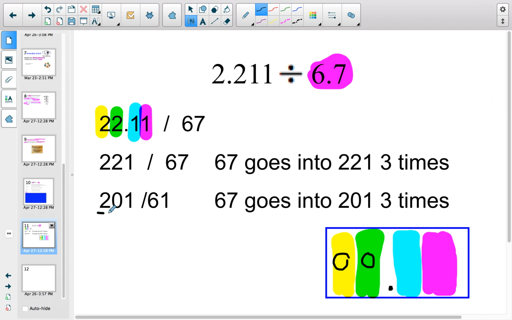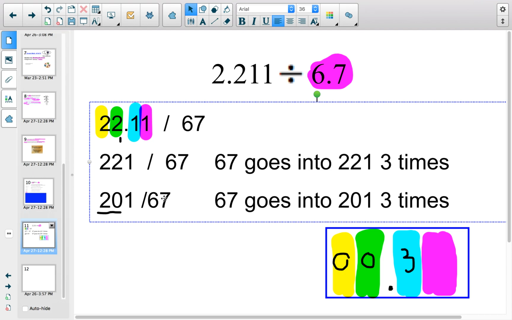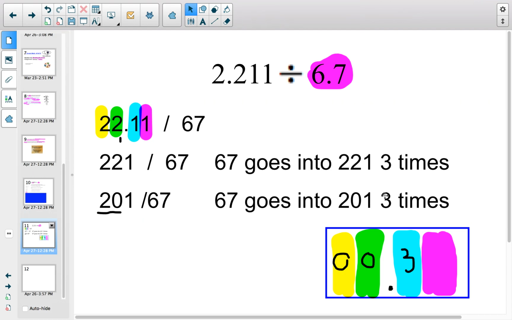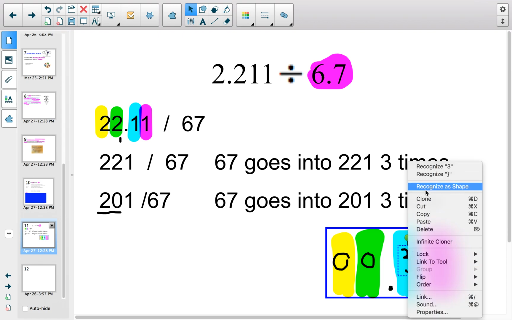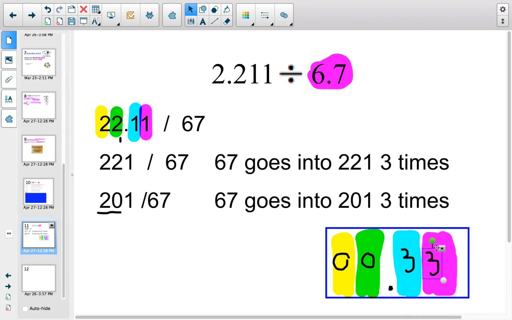That is where we get this 20 right here. Okay? But it goes in 3 times, so we put a 3 right there in that tenths spot that I have color coordinated. So now, 201 divided by 67 goes in 3 times, and then we would also have a remainder of 0. So our answer is now going to be 0.33 or 33 hundredths.